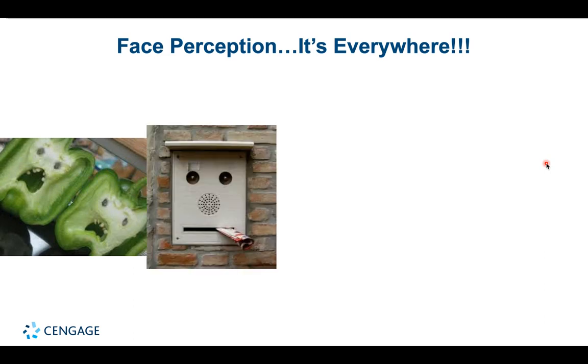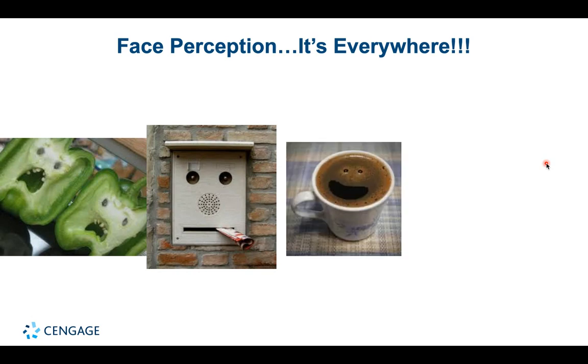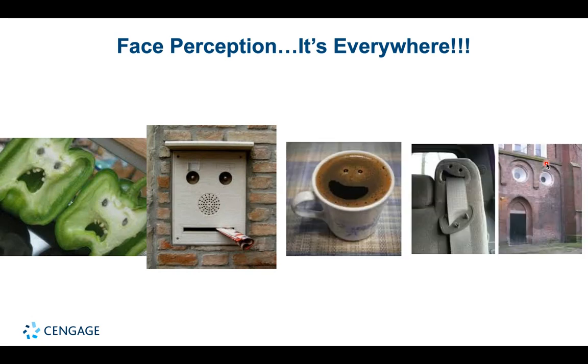This mailbox looks like a face smoking a cigarette. This cup of coffee looks like it's smiling at you. And then this building, this is my favorite one, I think, looks like a face, as does the indentation from this little seatbelt part. Right? So you undoubtedly perceive faces here, even though these aren't even like mimicking human faces. They just mimic the geometric arrangement of facial features, right?